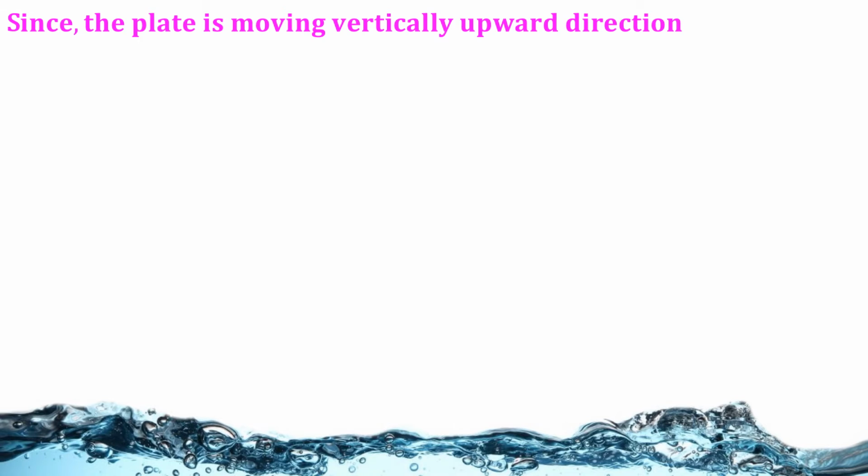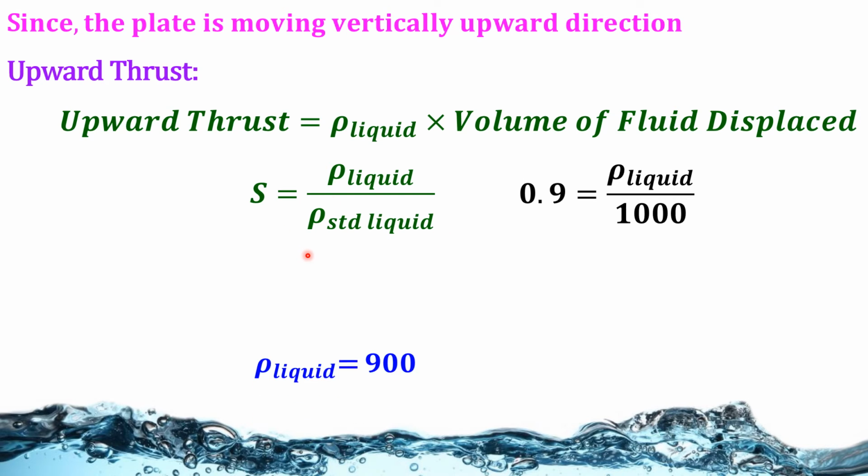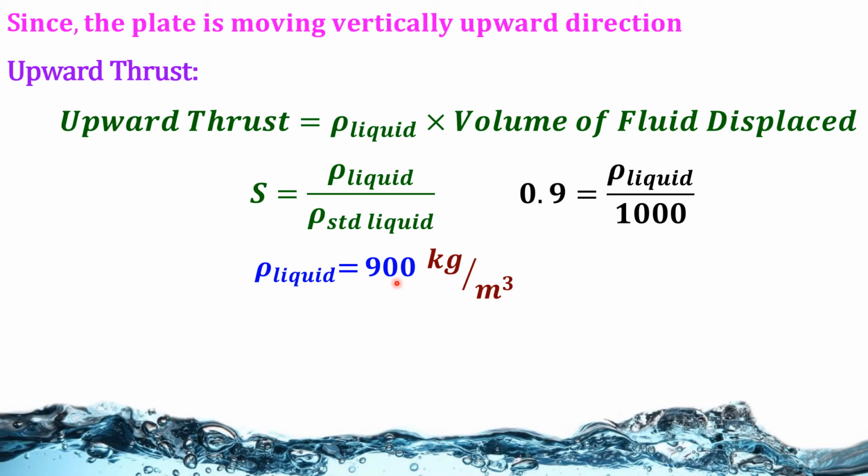Since the plate moves vertically in the upward direction, first we are going to calculate the upward thrust. Upward thrust is equal to density of liquid into volume of fluid displaced. First we are going to calculate density of the liquid from specific gravity. We know that S is equal to density of liquid divided by density of standard liquid. Substituting the value of S and density of the standard liquid, we get density of the liquid as 900 kg per meter cube.